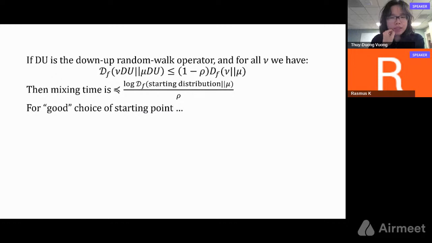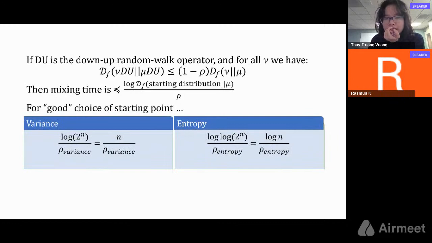The intuition of the contraction factor and the mixing time is that mixing time is inversely proportional to the contraction factor. So we want to lower bound the contraction factor rho. For the Ising model with a good choice of starting point, the f-divergence is around 2 to the n for the variance distance, but around log of 2 to the n, that is n, for the entropy distance.